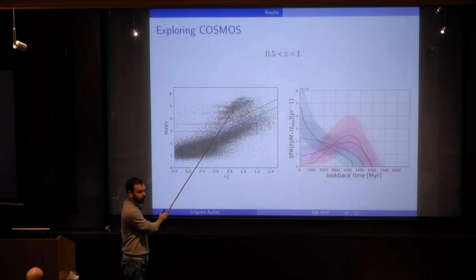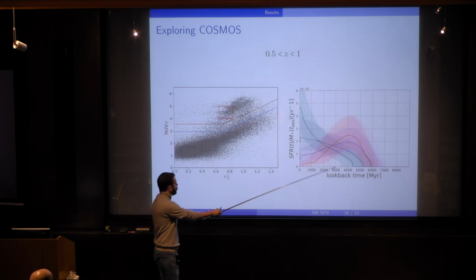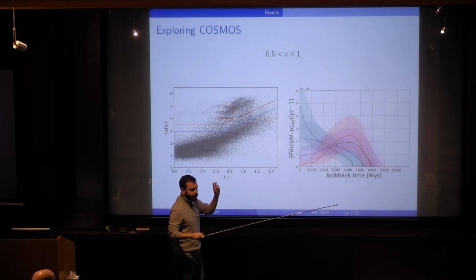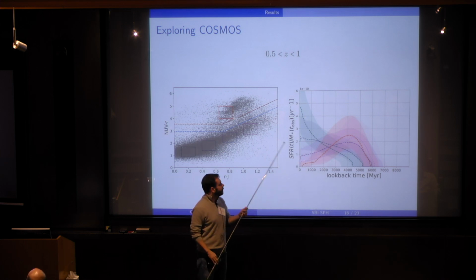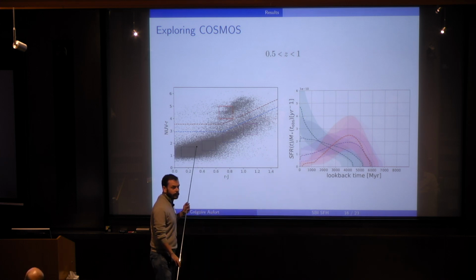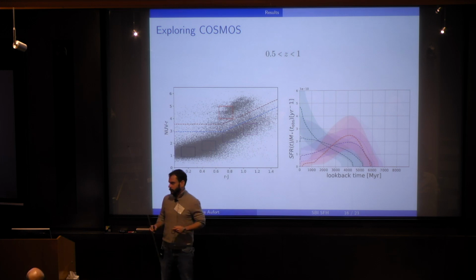The SSFR is above 10 to the minus 11, but it's still clearly more delayed looking in a way than the very starbursty young galaxies. Thank you.